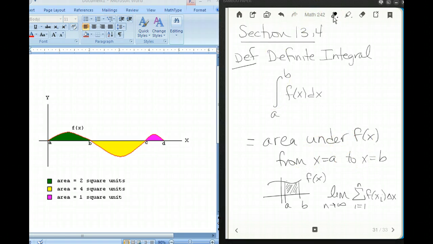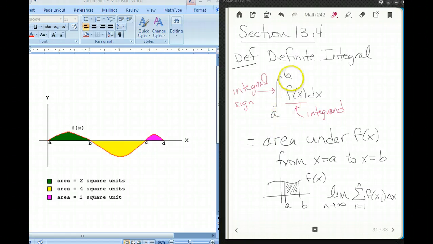There's a couple of words that we should talk about in terms of terminology that we already know. Of course, we know this thing right here, that's called the integral sign. We already know f of x, that thing's called the integrand. But now we have these numbers, a and b. That's telling us where to start and where to stop accumulating area.